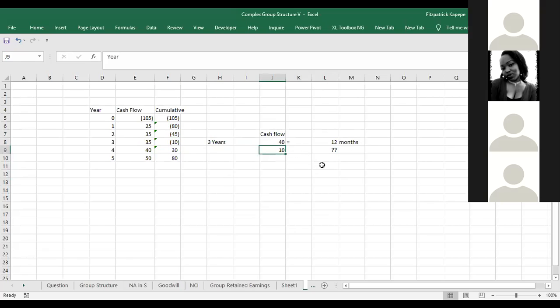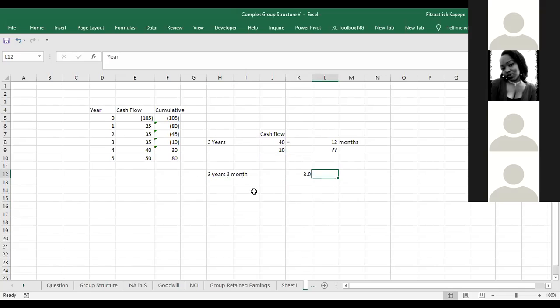It will take you how many months? So you do your cross multiplication: 10 times 12 divided by 40. It will take you 3 months. So meaning that you are going to have 3 years, 3 months.